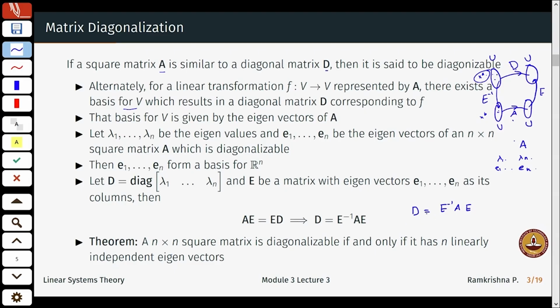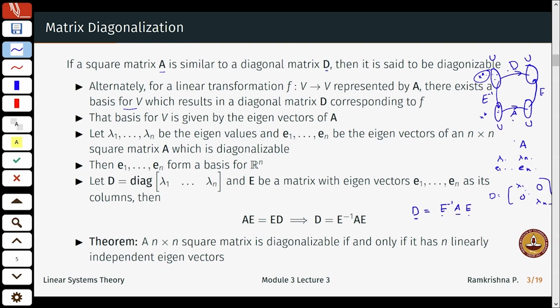So given A, can I find a D such that its diagonal entries are just the eigenvalues and the remaining entries are all 0? Now the question boils down to: does there exist an E? If there exists an E, what are those E's that will take me from A to its diagonal representation?